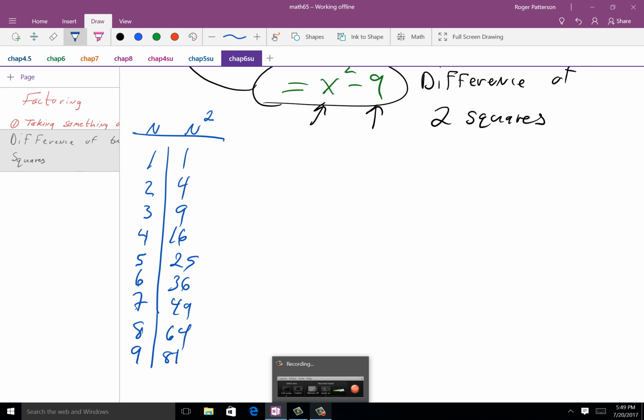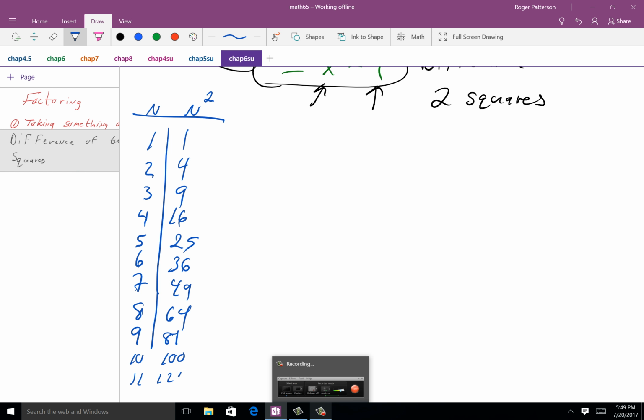So the numbers on the right are all perfect squares. All right? And of course there's more, but I didn't go much further than that. So when we're doing problems that are differences of 2 squares, the numbers on the right are the ones that you want to look for. So if you're really good at knowing those things, I guess you don't need this little chart. But if you need to know what squares are, there's the first 9 of them. Okay. Of course, here I can add a couple more. I don't know how many you're going to actually see.